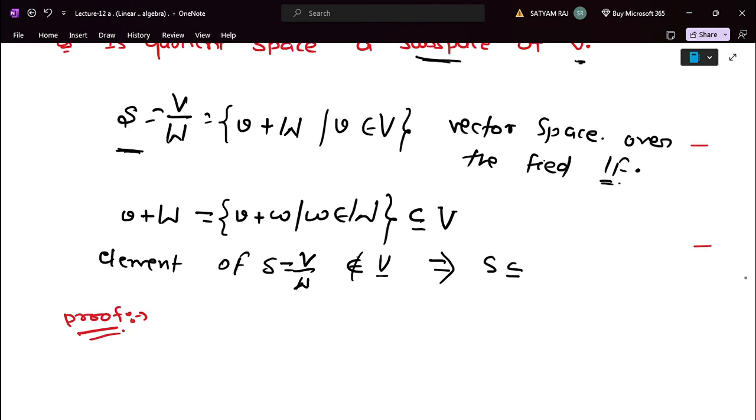So S is not a subset of V. It may be a subset of the power set of V. Since it is not a subset, it will not be a subspace.